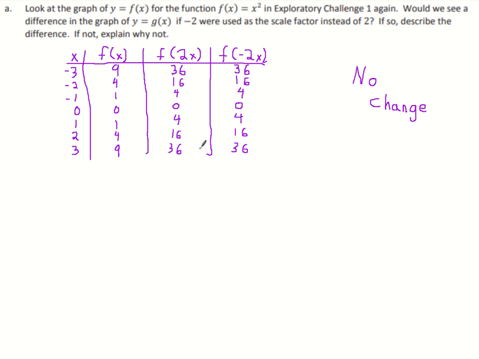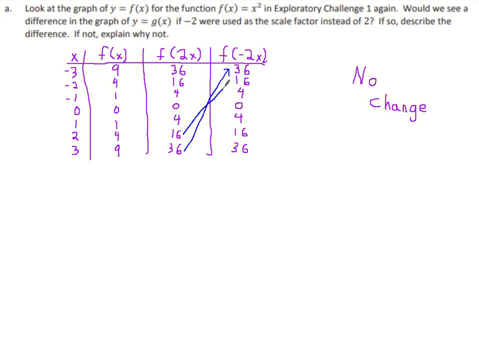Though technically, there is a quote-unquote slight change. It's just that we can't see what that change is on our x squared. If we were to use a different graph, such as maybe a linear equation, we'd be able to see how this would change things. But it is actually going to reflect everything. So this 36 is actually that one.